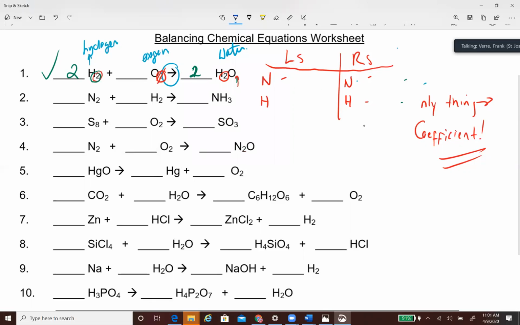I can see on the left, I have 2 nitrogen and I have 2 hydrogen. On the right, I have 1 nitrogen and I have 3 hydrogen. So I can see that the left side does not equal the right side. The number of nitrogen is not the same. The number of hydrogen is not the same. So let's start with the nitrogen.